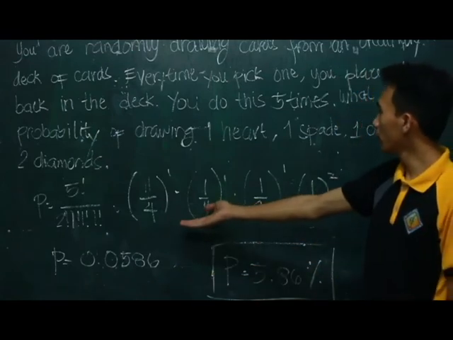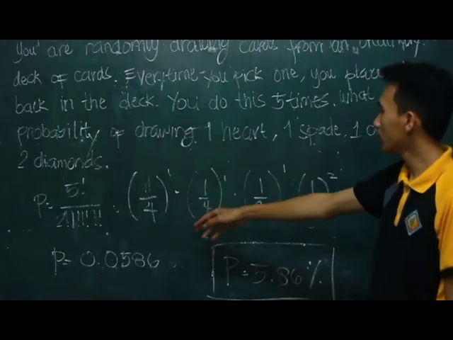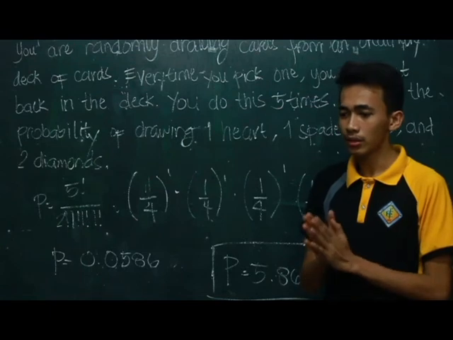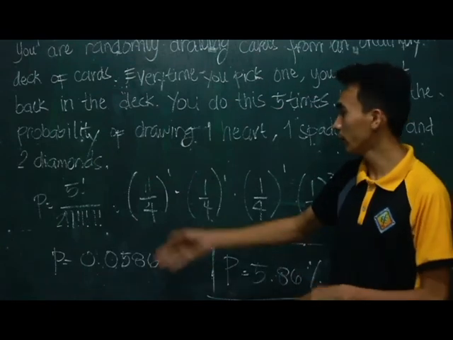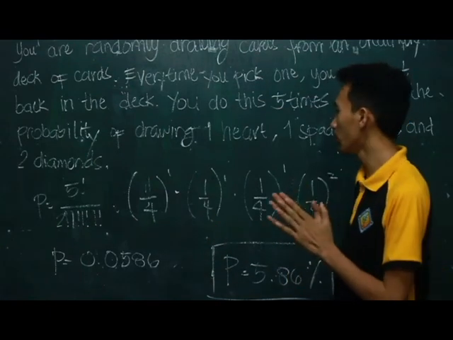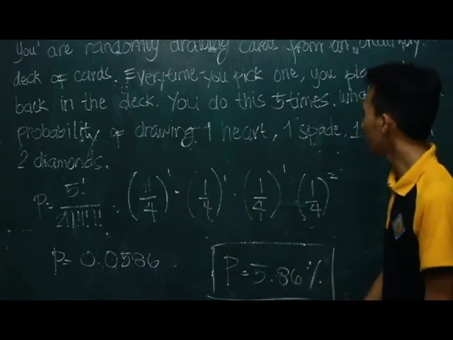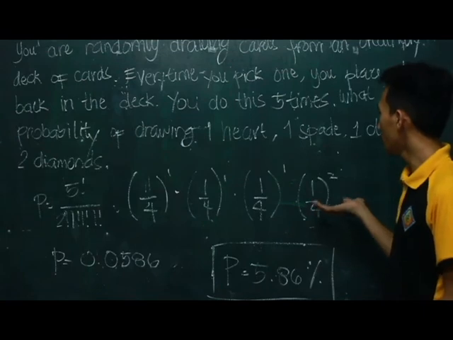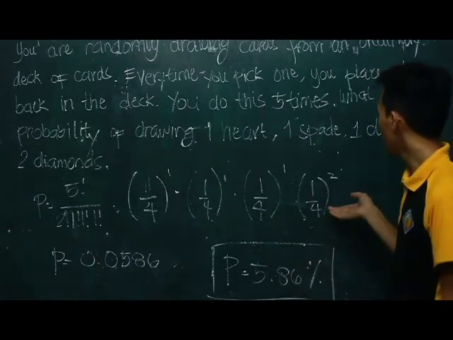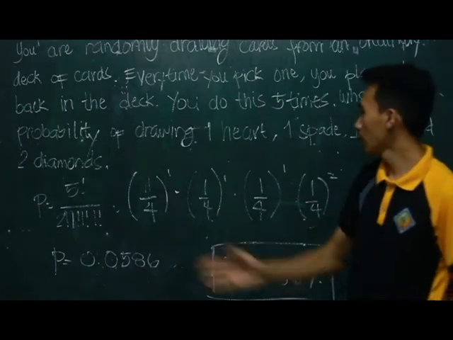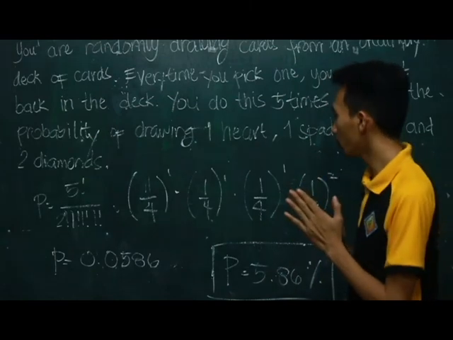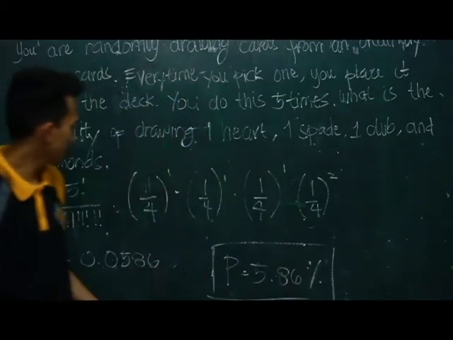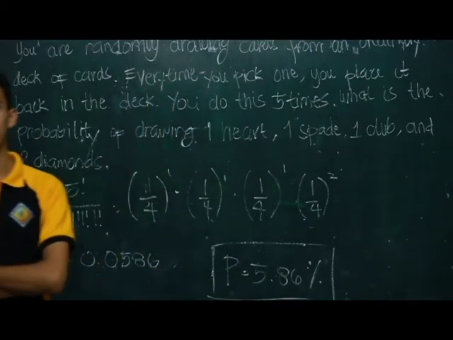So 1/4 for the heart, because in a suit there are 13 cards over 52, so 13 over 52 equals 1/4, and we'll raise it to 1. The same goes for the spade and the club, and for the diamonds, but there we'll raise it to 2. And by that we will get the probability of 0.0586. Now we have P equal to 5.86%.